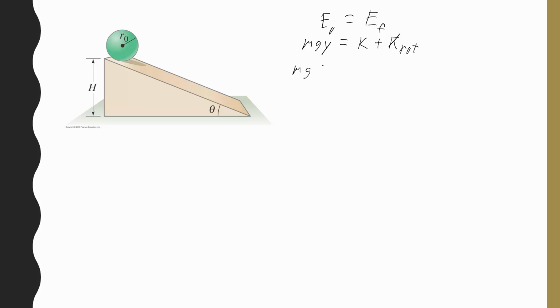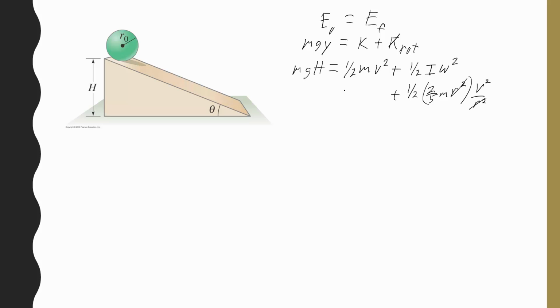This is going to be mgh. Linear kinetic energy is 1/2 mv squared. Rotational kinetic energy is 1/2 I omega squared. This I is going to be 2/5 mr squared, and then omega squared, we can write that as v squared over r squared.